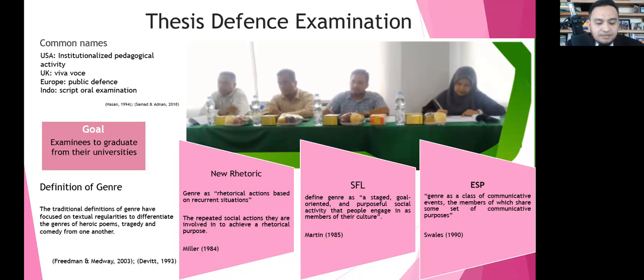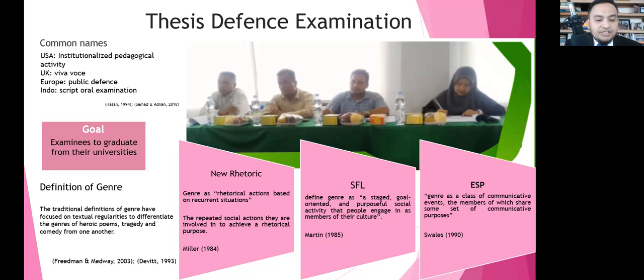And it seems that the definition of genre is influenced by three traditions of studies of genre. The first one is the tradition of the new rhetoric genre. Secondly is the tradition of systemic functional linguistics. And the third one is the definition of English for specific purposes.